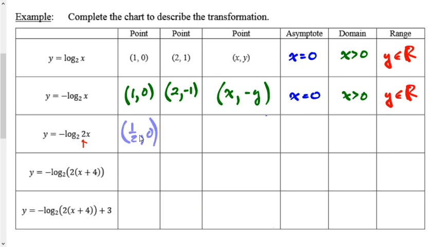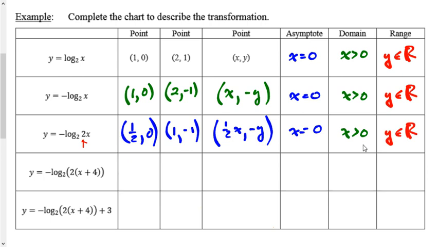The 2 times a half gives me a 1 for the x. And the x times a half gives me a half x. This asymptote, when I do that horizontal stretch, doesn't change the location of the asymptote because it was right along the y-axis, which means my domain hasn't changed either, and neither has my range.